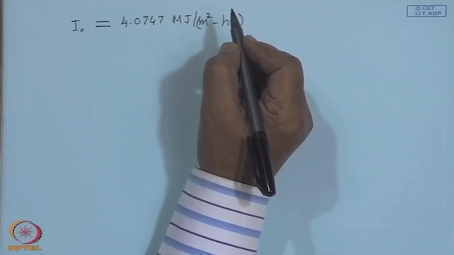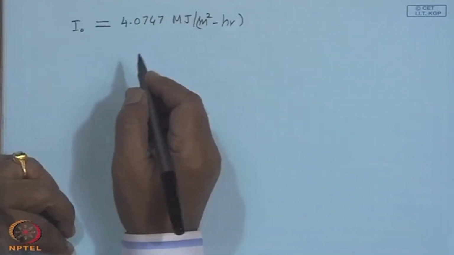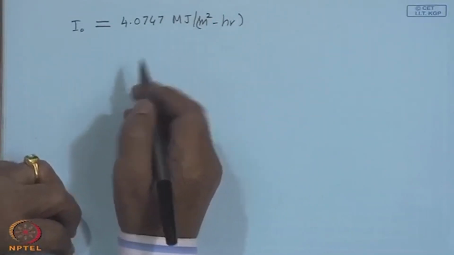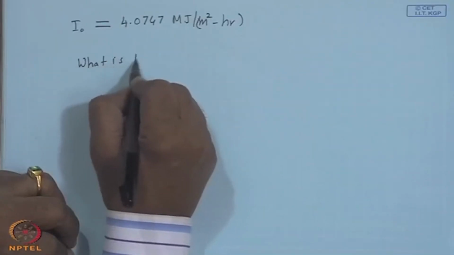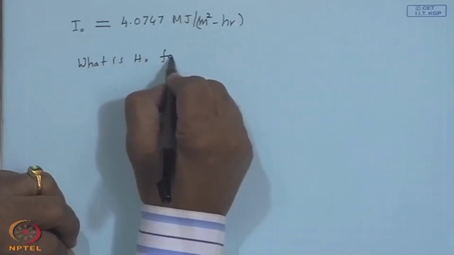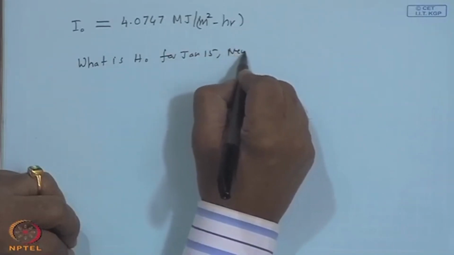Okay. So, this is what you will get. Now, we are asked to calculate what is H0 for January 15.